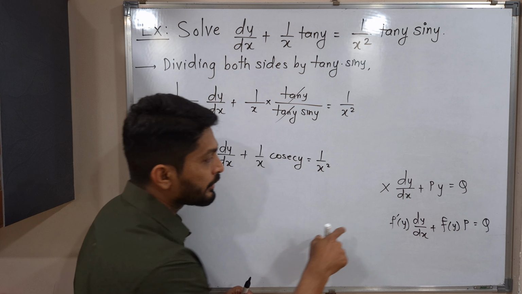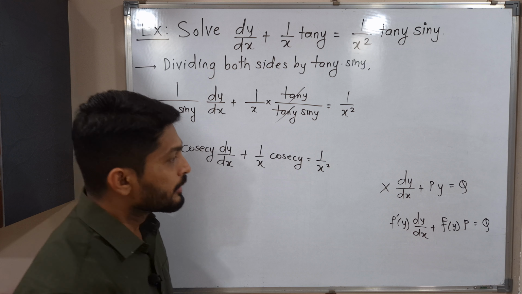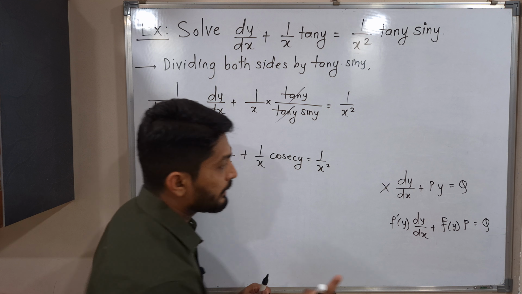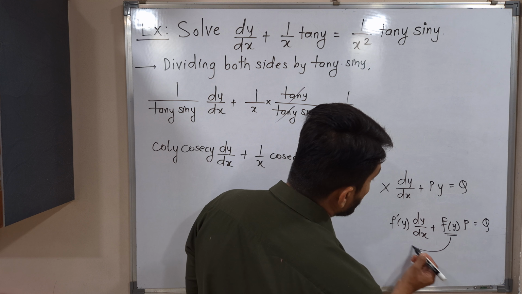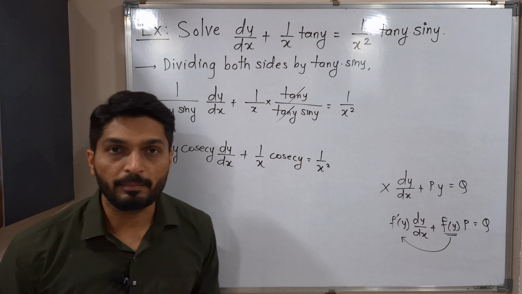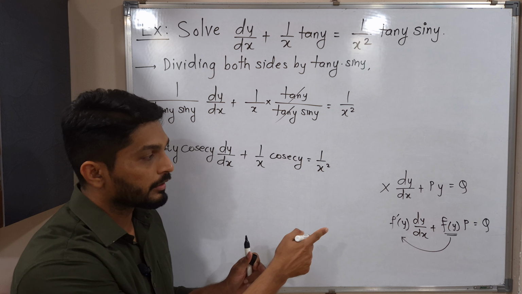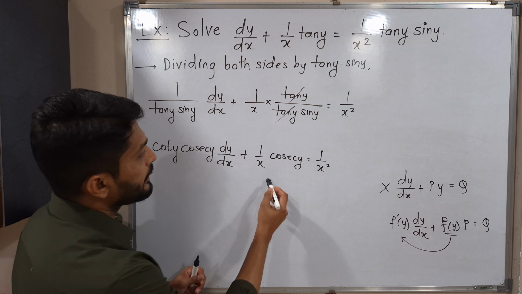Then I should try for the second format, which is reducible to linear, right? So here there is also one pattern. What is that pattern? Whatever the function of y we have, its derivative must be a multiple of dy by dx. Okay, so if you have that format, then we can follow the method to solve this problem. So let us see what is the function of y here in the middle term.